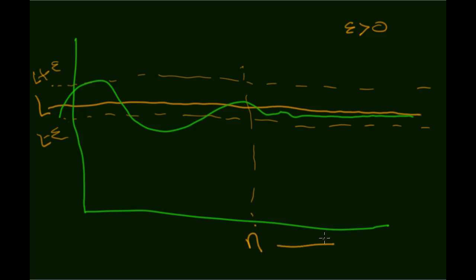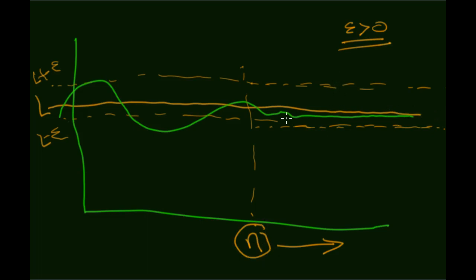so that everything bigger than n causes the function, that's the green thing, to be inside the tube. So the function is within epsilon units of L. No matter how small you make epsilon, the other player can always pick an n that makes this happen.